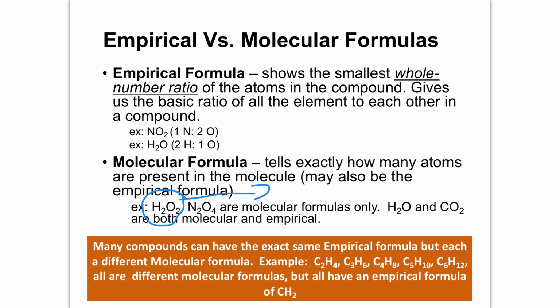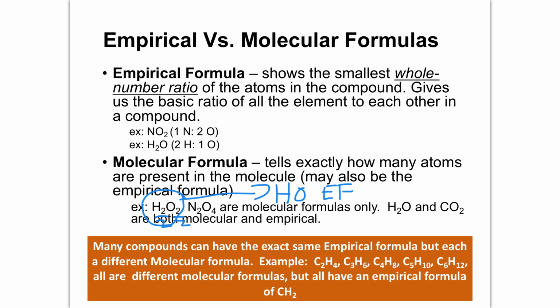And we can. If we divide each one of the sides by 2, and remember you've got to divide each side by 2 to keep the ratio together, then you would get HO. And that would be the empirical formula because that shows you it's a 1 to 1 ratio. It's a 2 to 2, 1 to 1, same thing.